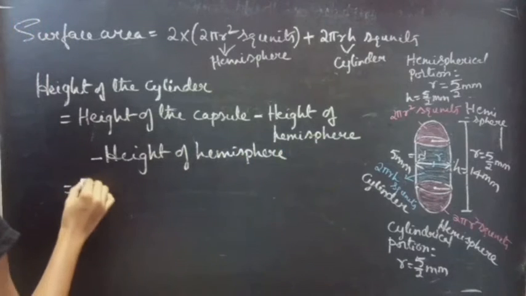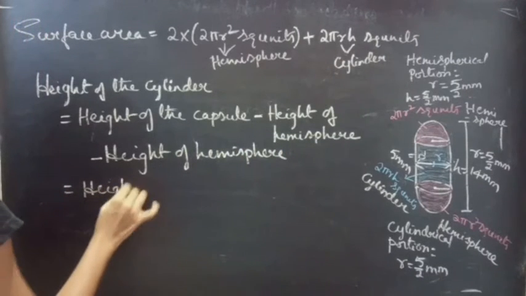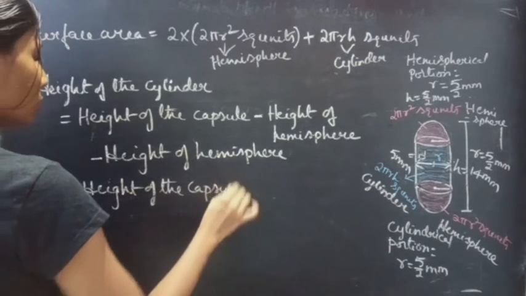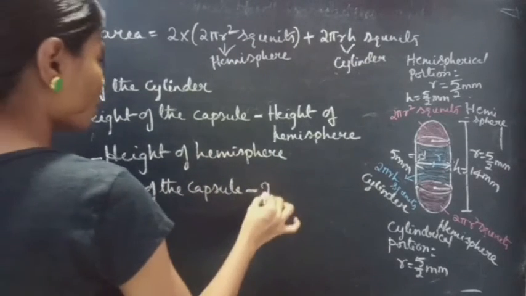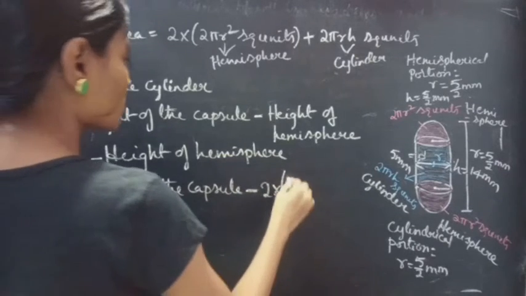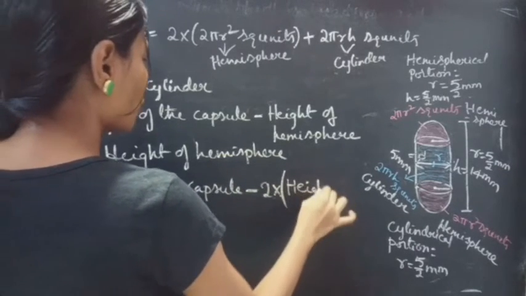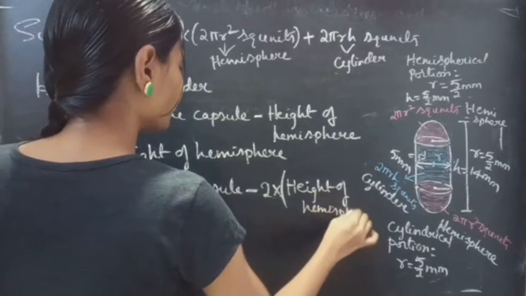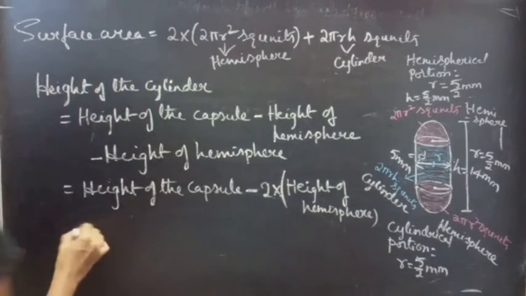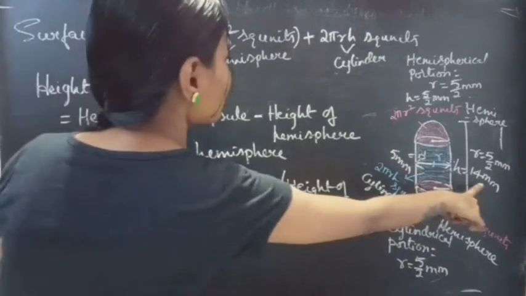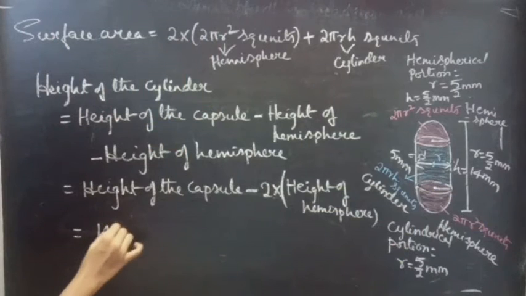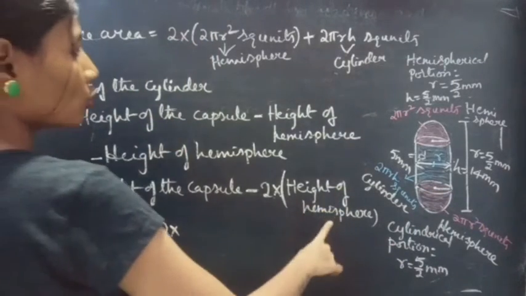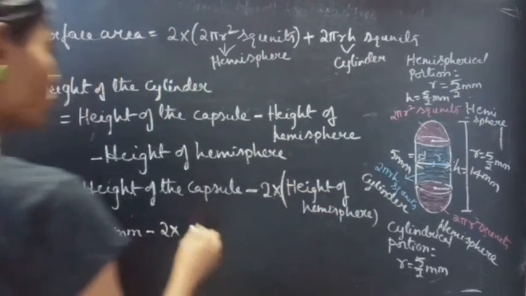You could write it as height of the capsule minus 2 times the height of the hemisphere, which is equal to height of the capsule, 14 mm, minus 2 times height of the hemisphere, 5 by 2 mm.